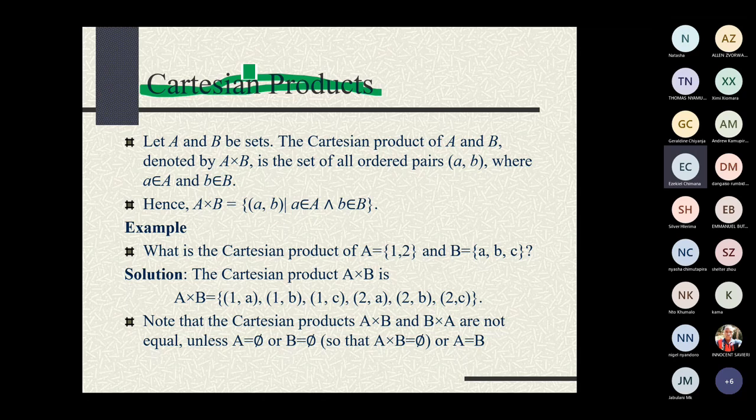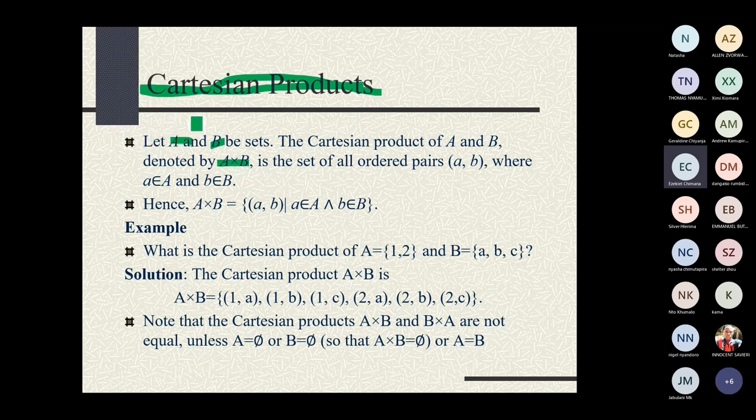So let A and B be sets, which means we've got a set A and a set B. The Cartesian product of A and B, denoted by A cross B, we use this multiplication and we call it A cross B, not A times B. It's the set of all ordered pairs (a, b), where a is an element of A and b is an element of B.